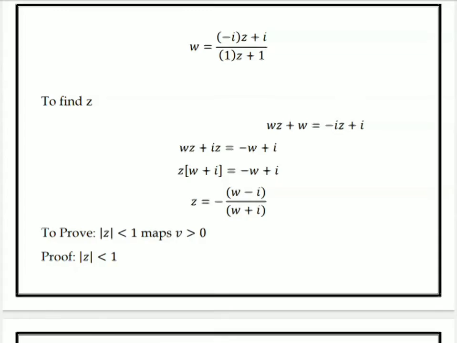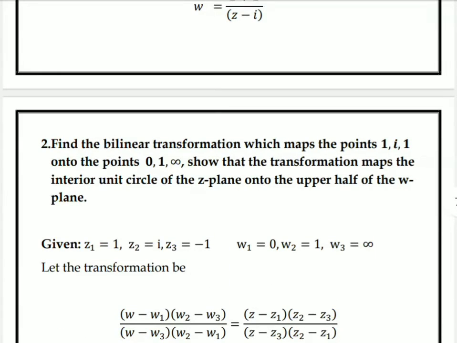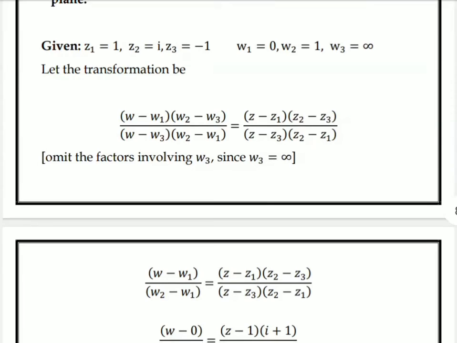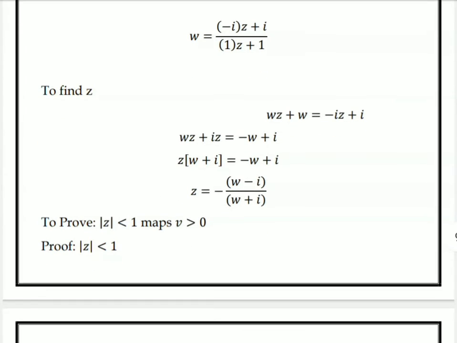So see the question: map the interior of the unit circle in the Z plane onto the upper half of the W plane. Unit circle means the radius will be 1. So that is to find the Z term. So W times Z, take the LCM here, sorry, Z plus 1 comes here. What is W into Z plus 1?